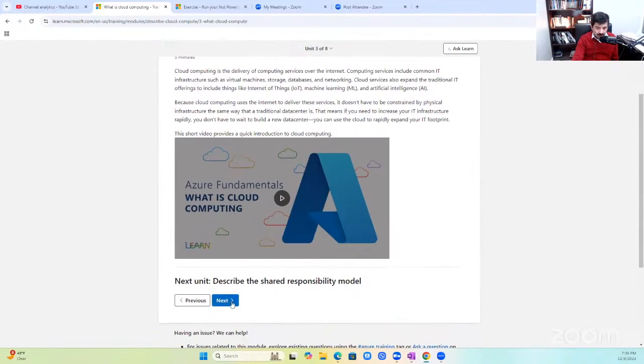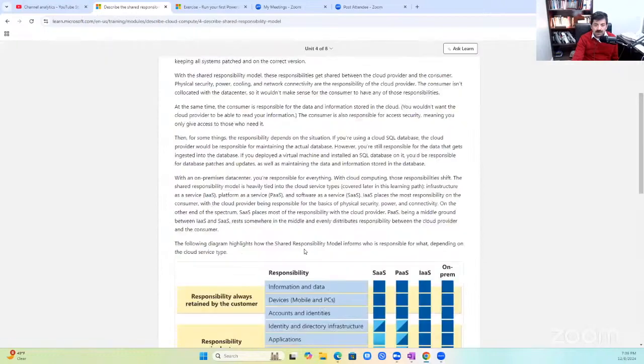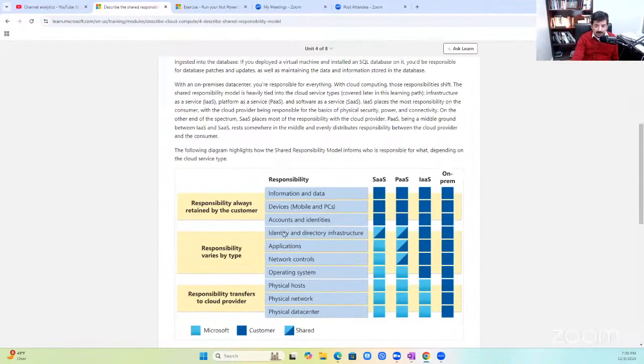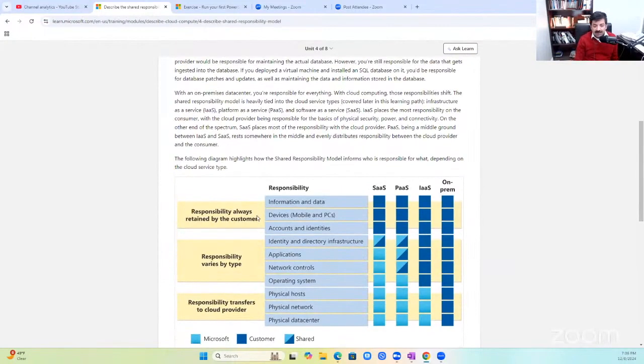Next, it talks about the shared responsibility model. So what is the shared responsibility model? As we discussed, you can deploy your computers over the cloud with Microsoft or a third-party cloud vendor. The first thing is how we started computing: everybody was keeping servers on their premises.